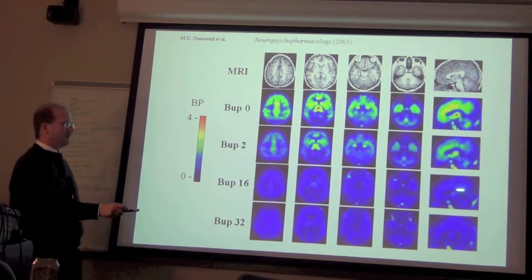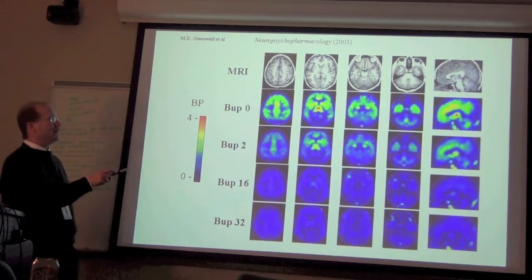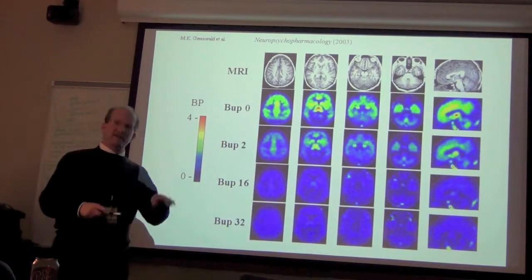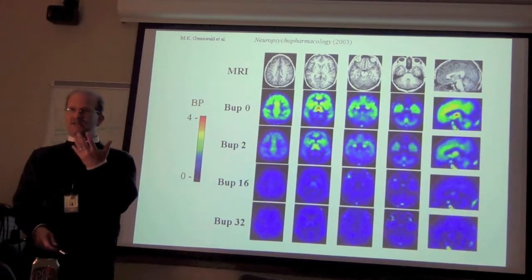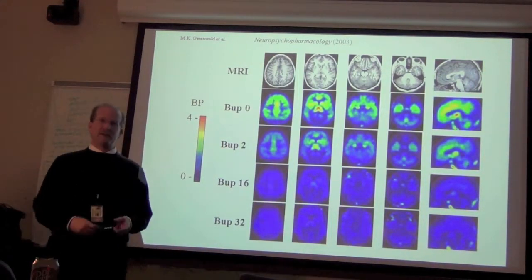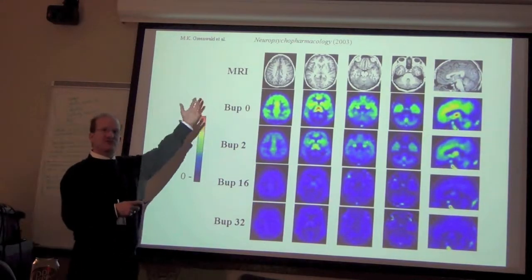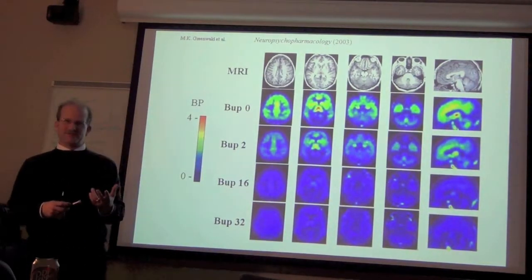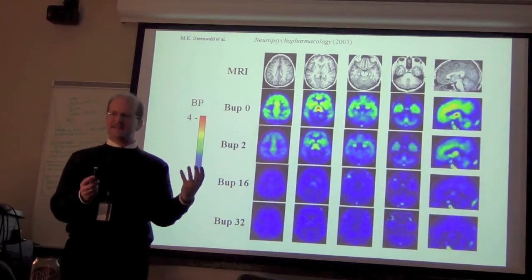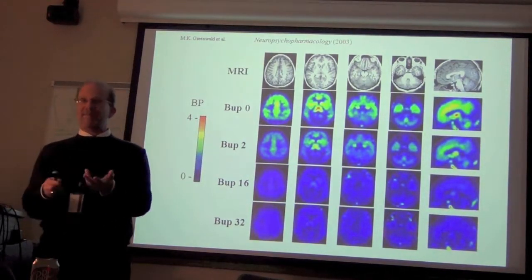Then the next scans were conducted at 16 milligrams, then at 2, and then at 0. Everybody also had a single MRI scan to get an anatomical rendering of the brain, and then we co-registered the PET scans on the MRI images to find out where the radioactivity was happening.